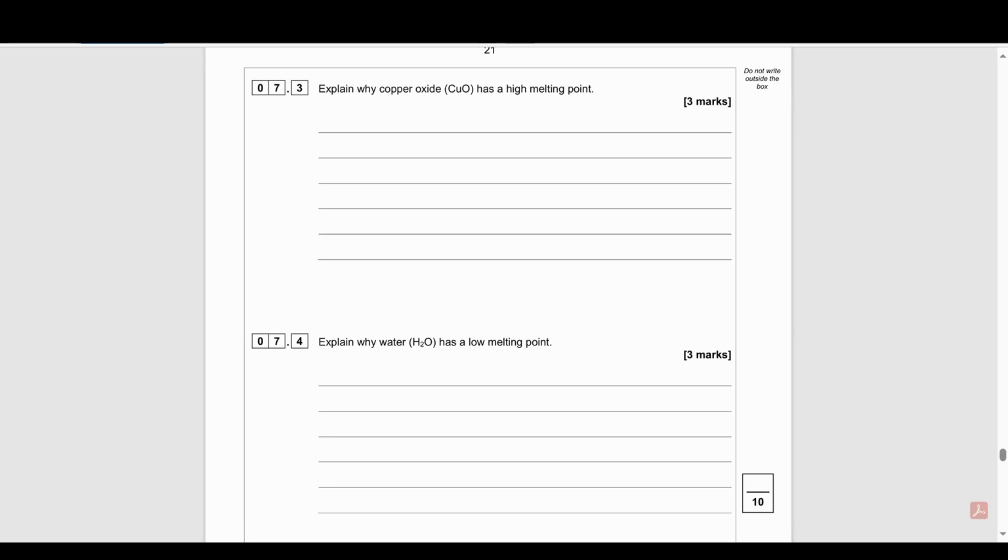7.3. Explain why copper oxide has a high melting point. Let's start with high melting point. What does this mean? Well, melting point is the temperature at which a solid turns into a liquid.